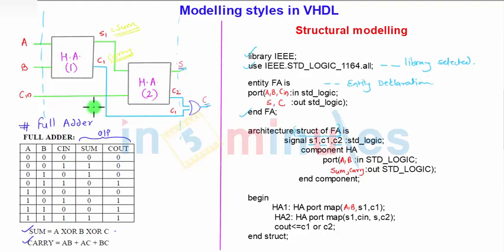So two half adders are used, and I will define the component half adder HA only one time, which has ports A, B, which are input standard logic ports, and the output ports sum and carry, the final sum and final carry, that is output standard logic.